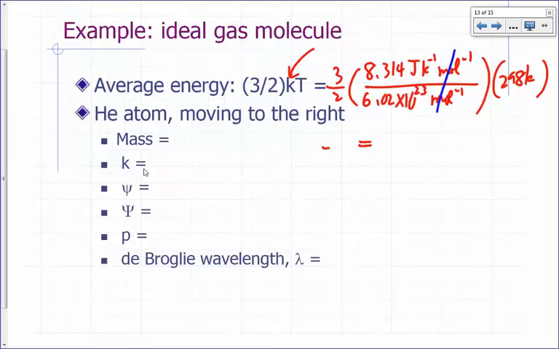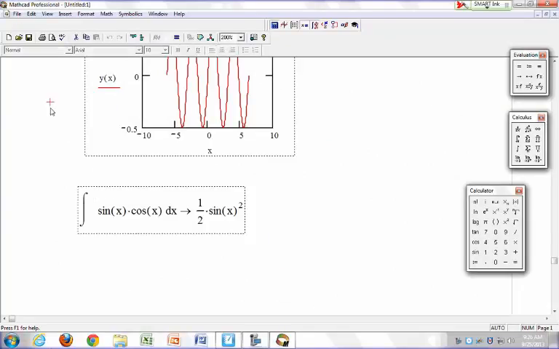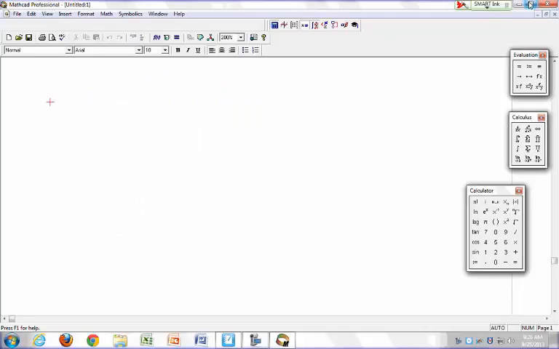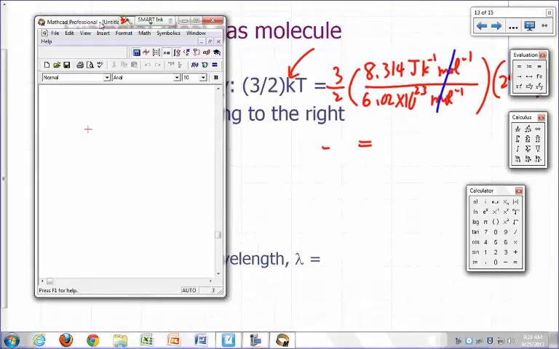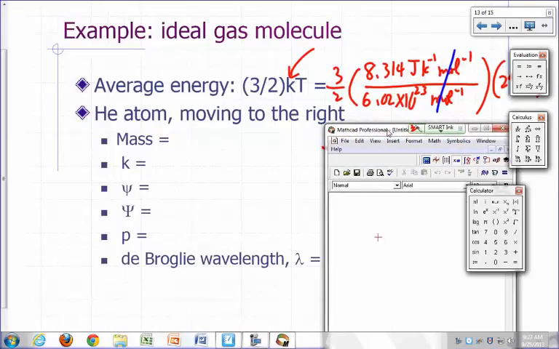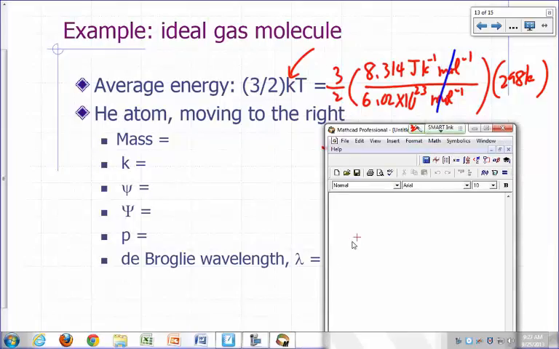So let's do this on MathCAD. Our kinetic energy would be E equals 3/2 times Boltzmann's constant times temperature.